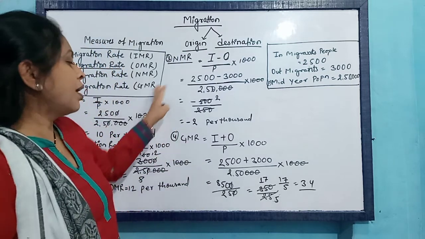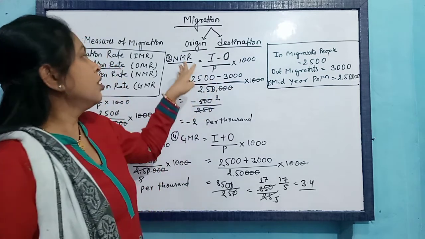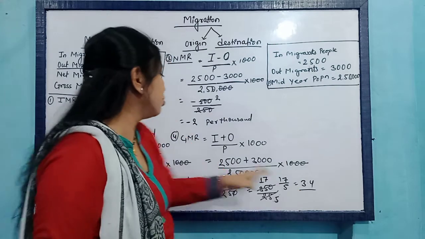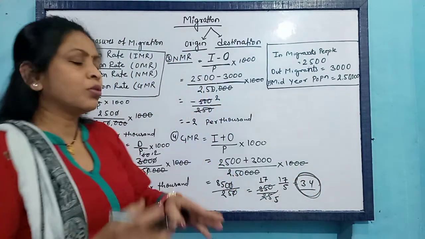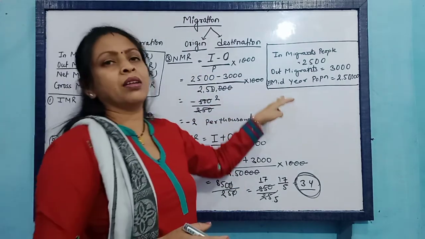It means 3.4 people among 1000 are engaged in the migration process.